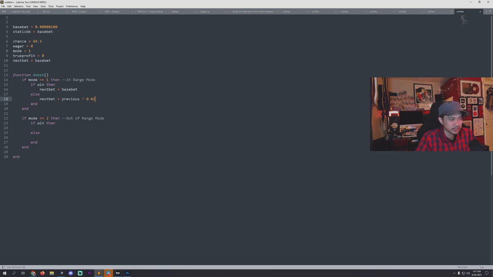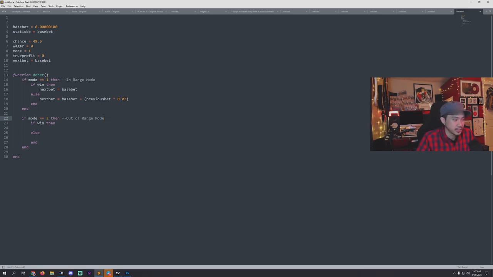Okay. That's how it's going to work. And if I just did this, this would be 2 cents, right? Previous bet times 0.02. What we need to do is we need to also add the original base bet. So it'd be the base bet plus your previous bet times the percentage, right? Okay. So that's the in-range stuff, which is pretty straight up.